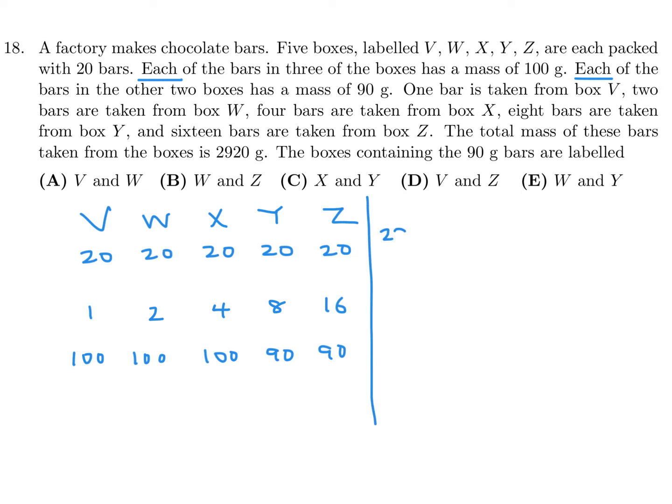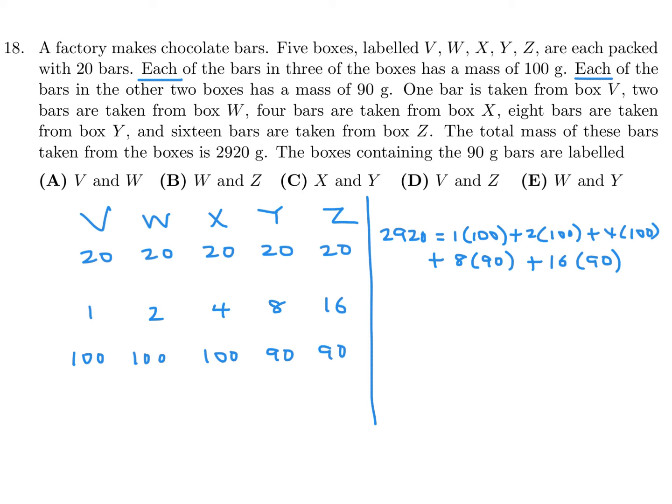So 2920 is the sum, and we are going to take 1 bar from the V, and that's going to be 100. 2 bars from the W times 100 each, plus 4 times 100. And then we're going to take 8 from Y, and each bar is 90. Well, at least that's what I'm assuming. I don't know that for a fact. I'm just doing some trial and error here.